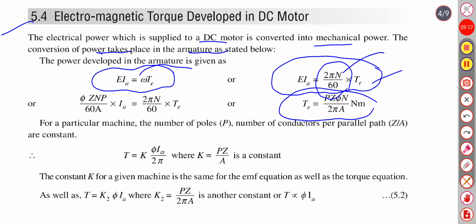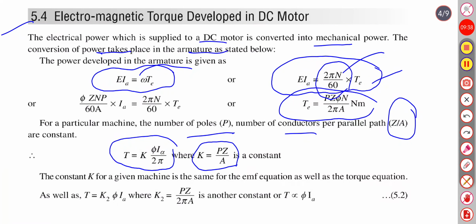For a particular machine, the number of poles P and the number of conductors per parallel path, Z by A, are constant. Therefore, T equals K phi Ia upon 2 pi, where K equals P Z by A, which is a constant.